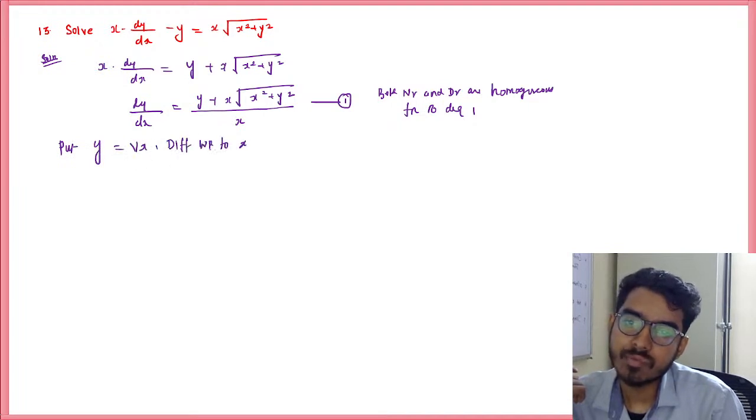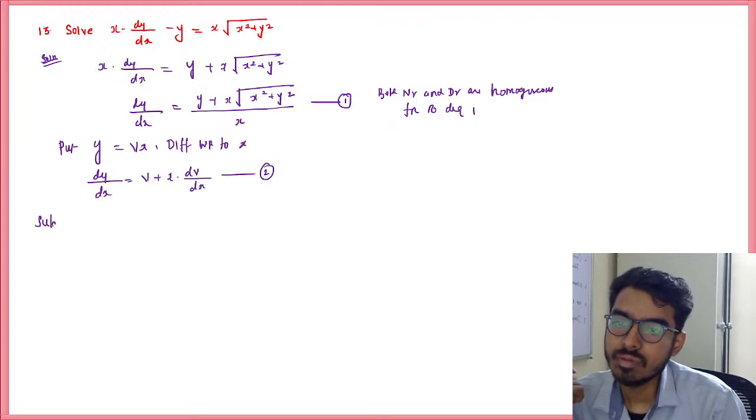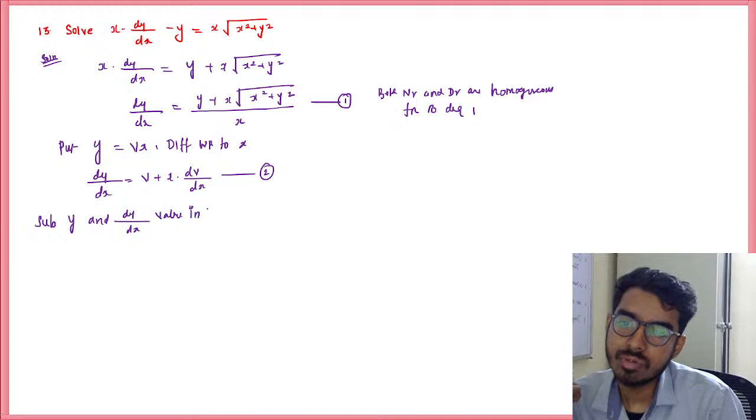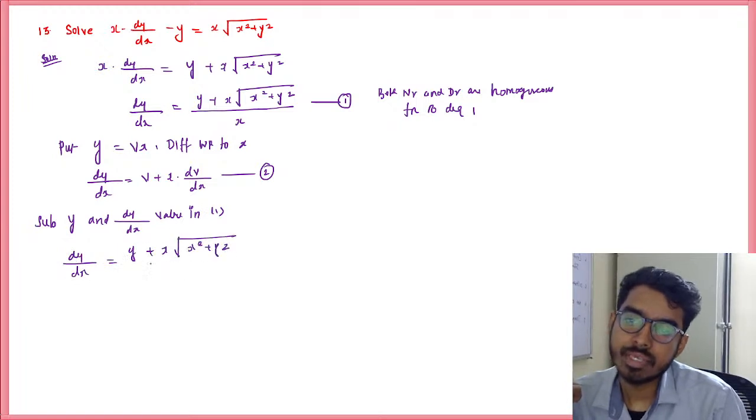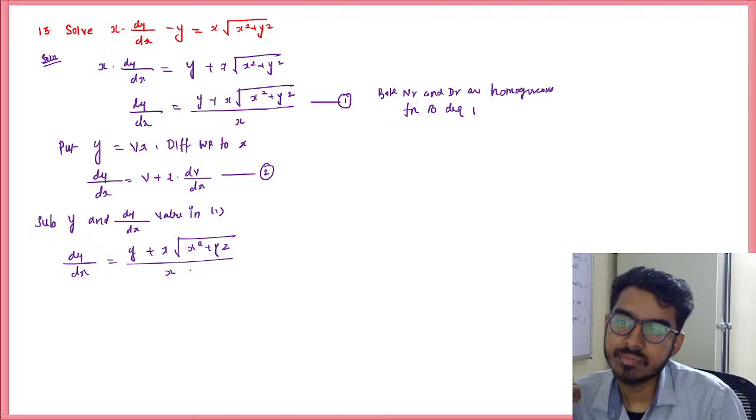differentiate with respect to x. So we will have dy by dx is equal to v plus x into dv by dx. Substitute y and dy by dx value in 1. We have dy by dx is equal to y plus x into root of x square plus y square by x.